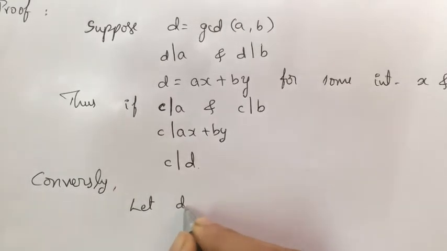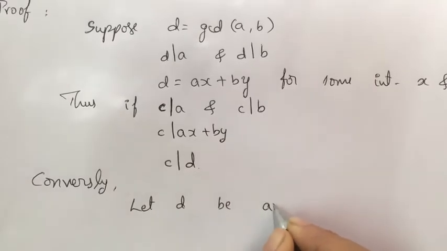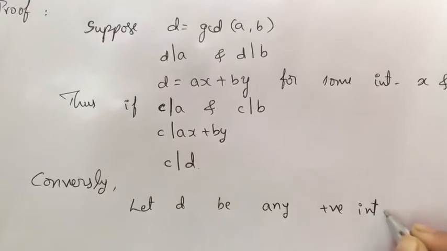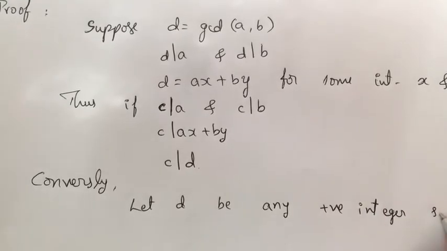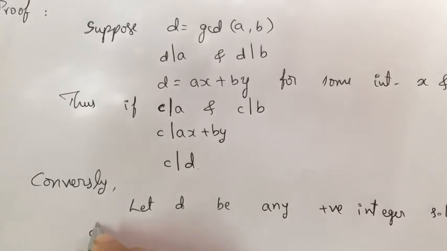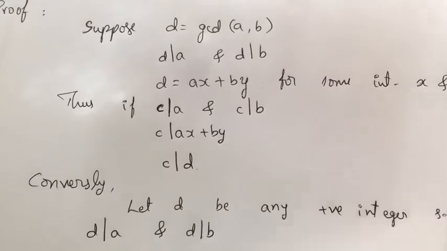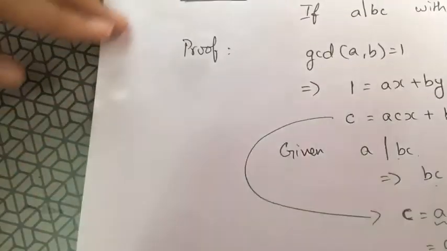Let d be any positive integer such that d divides a and d divides b. Then given any common divisor c of a and b, we have c divides d, right?